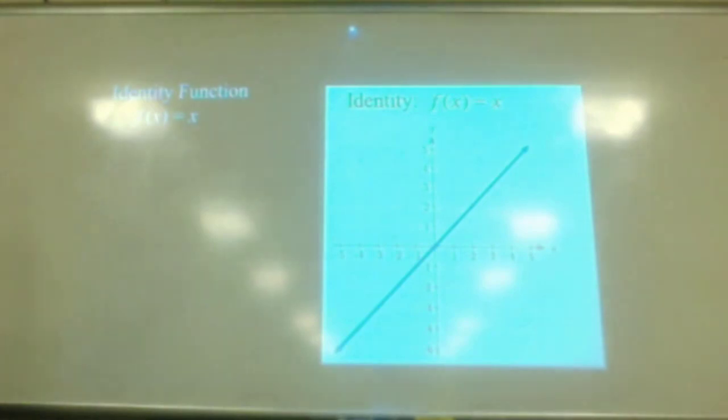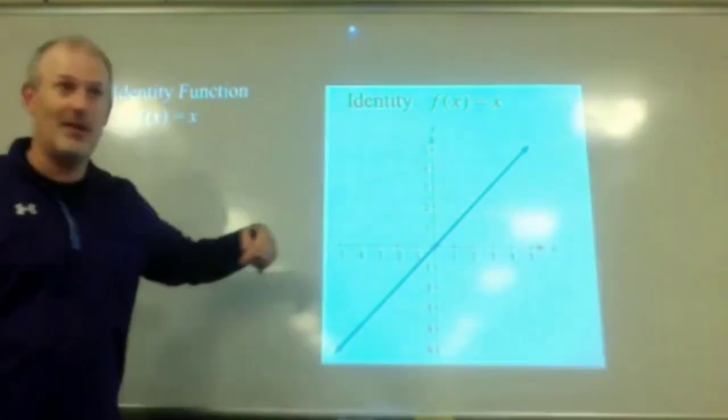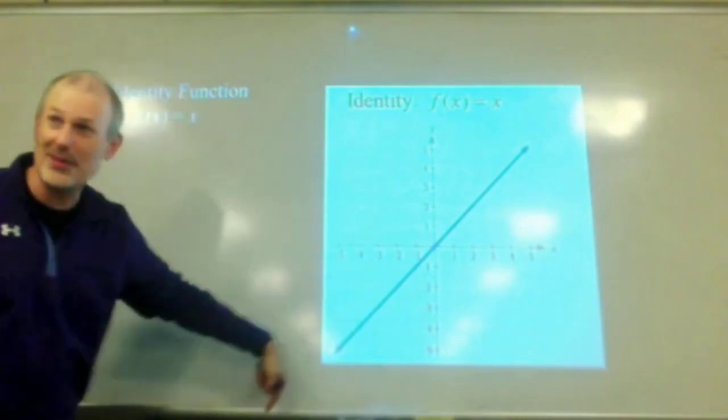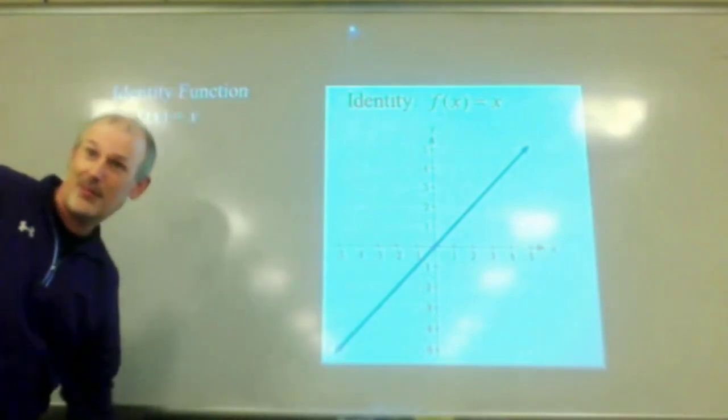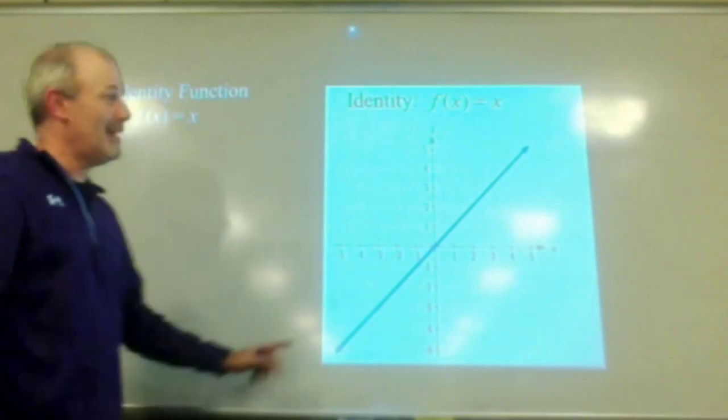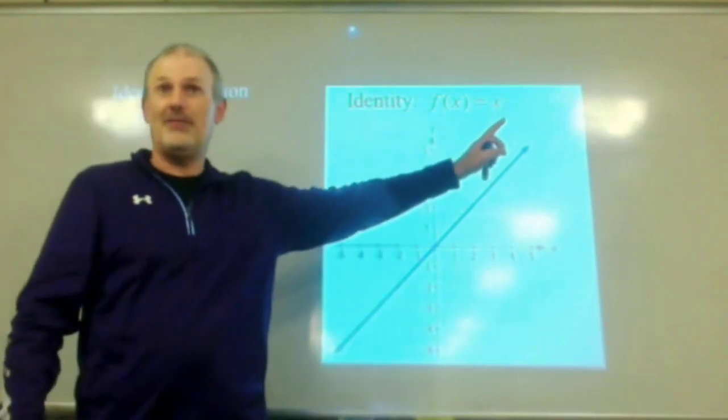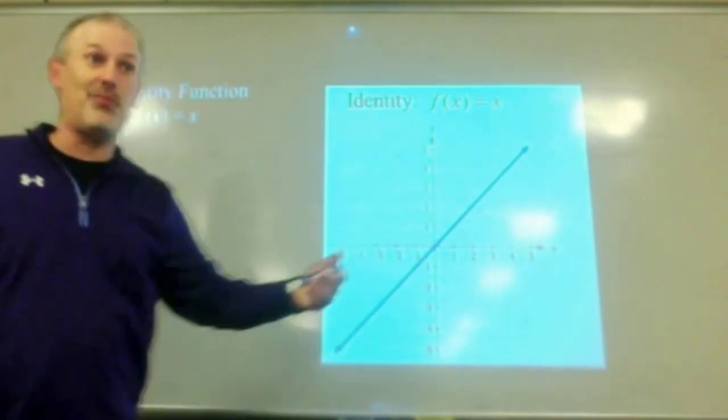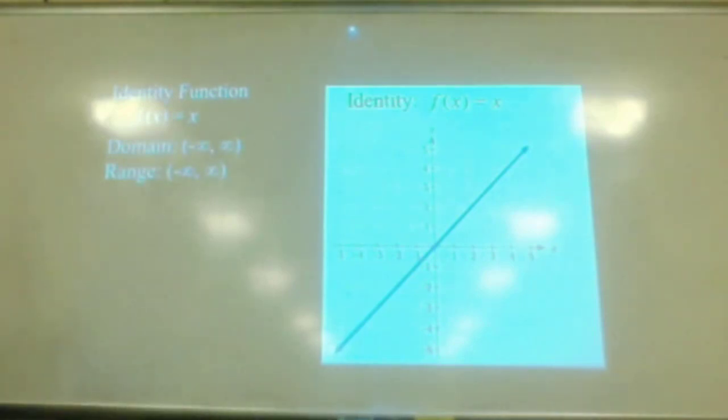How far down does it go? Yeah, do you see as it keeps going to the left, it keeps going down forever? And then how far up does it go? Infinity. So the domain and the range are both covering everything. Negative infinity to positive infinity, left and right for the domain, and then same thing up and down for the range. Does that make sense? And again, that's where those arrows say that it keeps going.